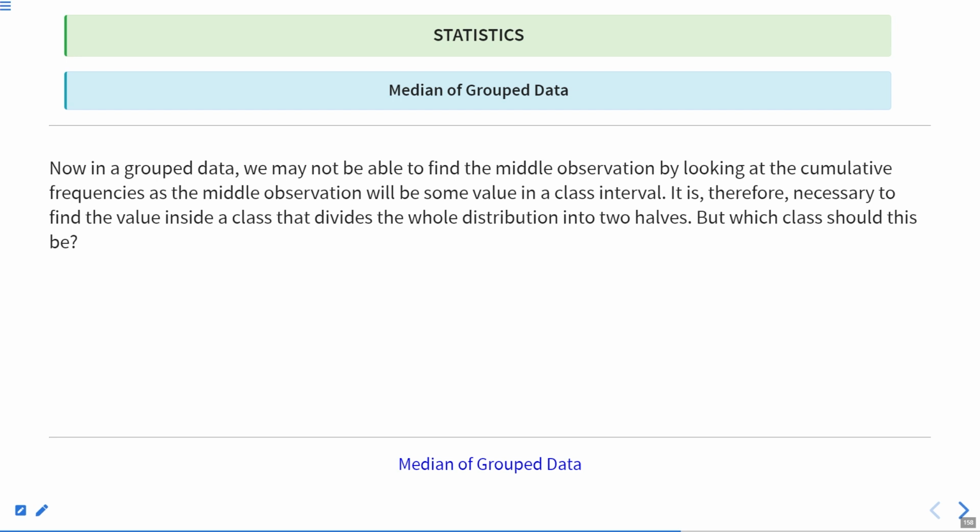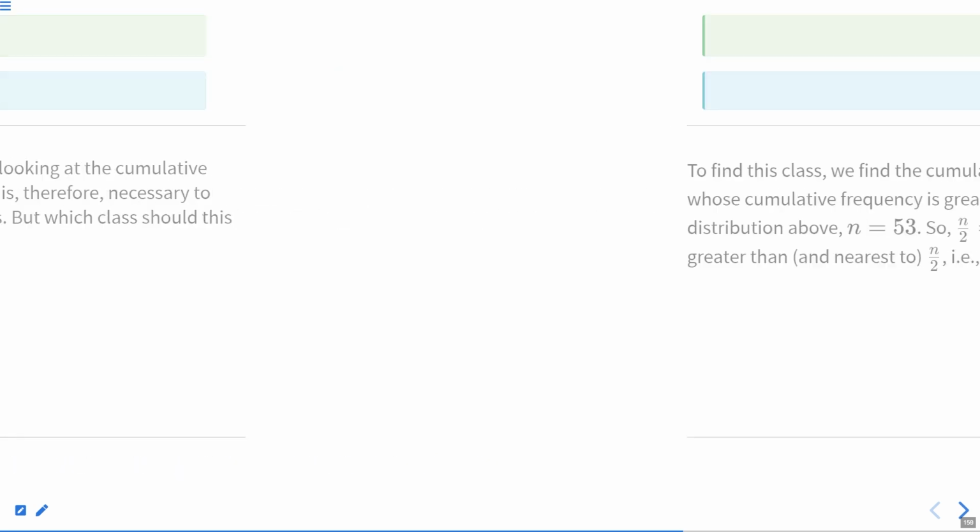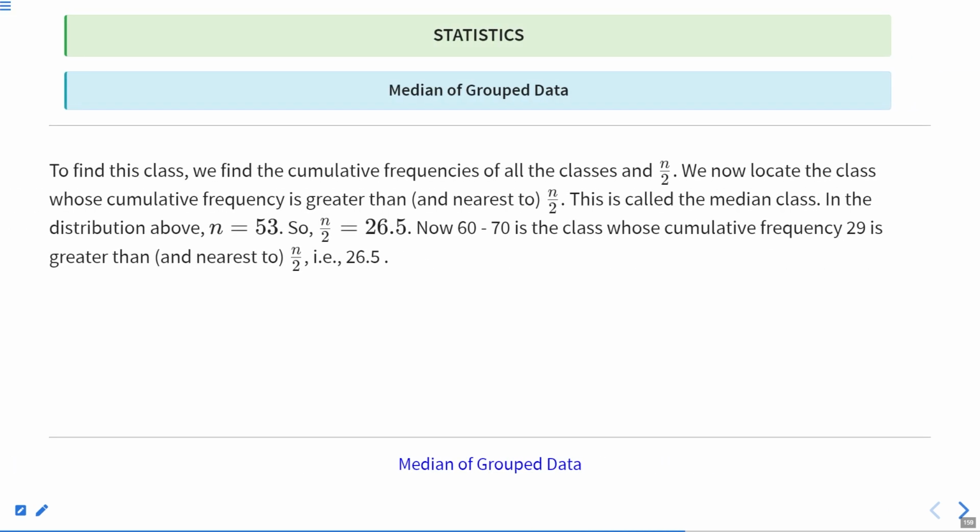But which class should this be? To find this class, we find the cumulative frequencies of all classes and n by 2. We now locate the class whose cumulative frequency is greater than n by 2 or nearest to n by 2. This is called the median class.